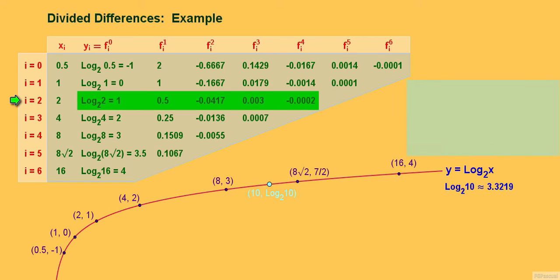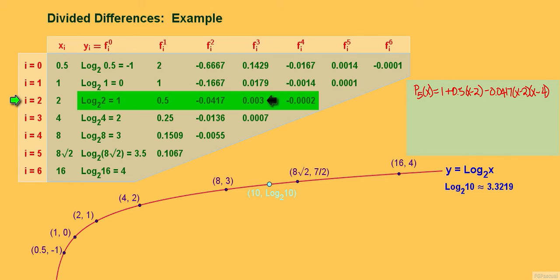The polynomial, which we call p sub 5, starts with 1. Then we have 0.5 multiplied by x minus 2. Then it's minus 0.0417 multiplied by x minus 2 and x minus 4.